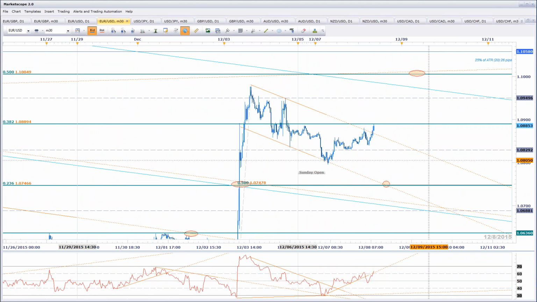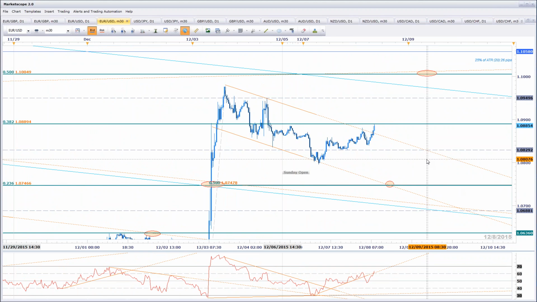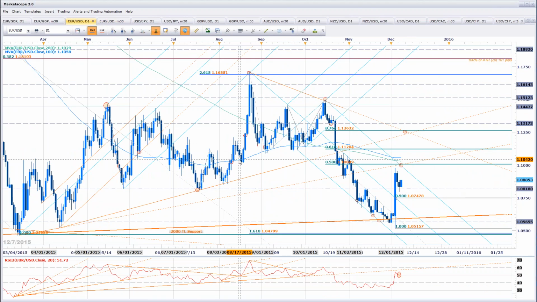It looks pretty good. Again, on the long side, if it does make its way up, 110 is sort of where you want to start wrapping things up. Take profit and bring your stops up, because that is a larger area of resistance.